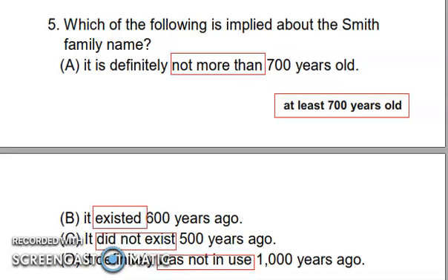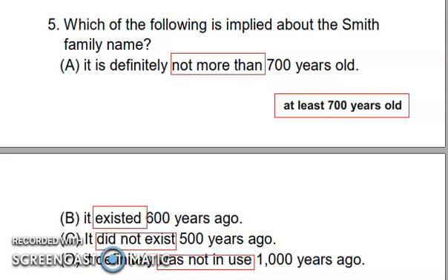Now we move to the next option, B. Well, before that I should decide that answer A here is not appropriate, or incorrect. So let's move to option B here. It existed 600 years old.